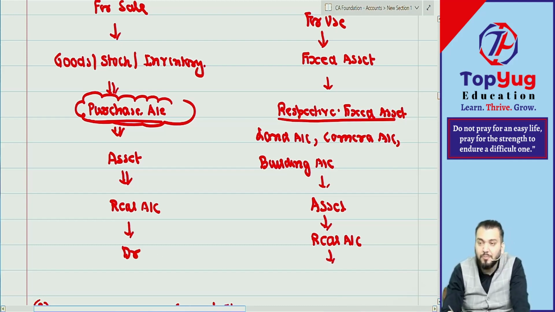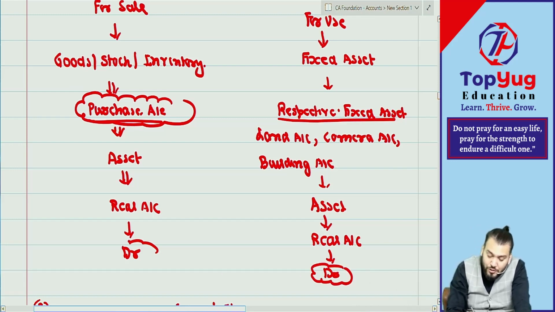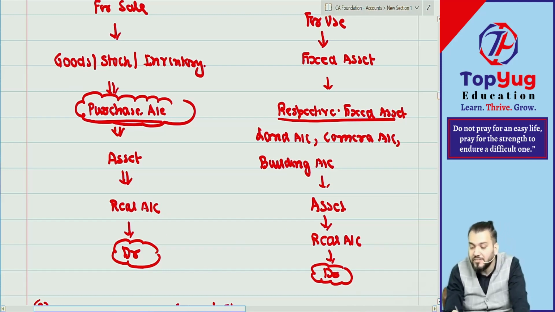Similarly, if you are purchasing some fixed asset for use, it is coming in, so this will also be debited. So you need to apply the rules, first finding out whether it is a real, nominal or personal account, and then apply the rules as per the nature of the account.